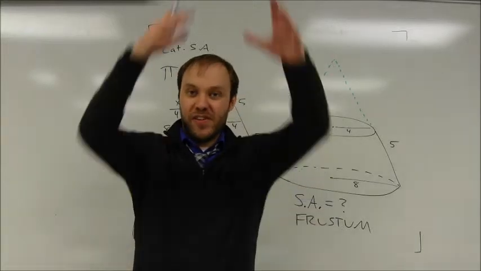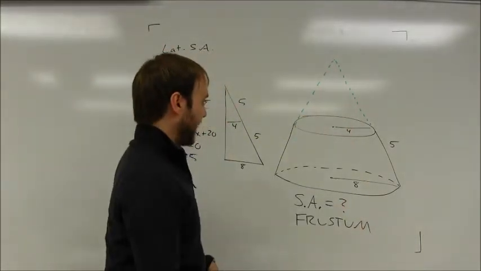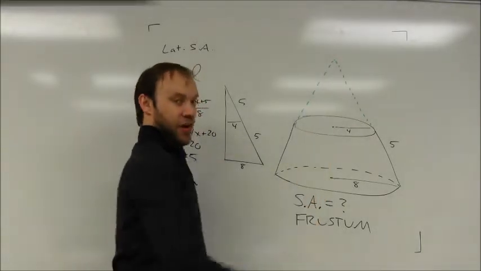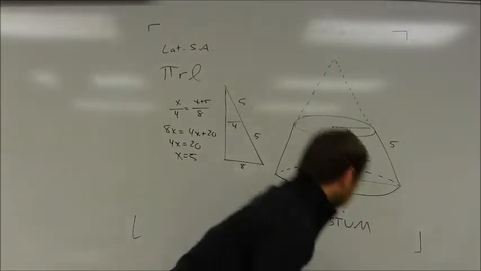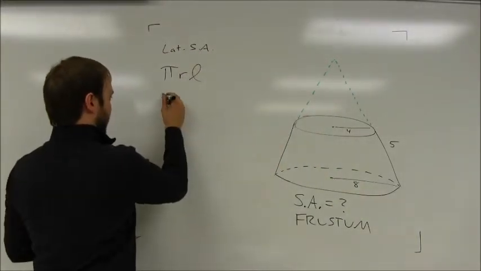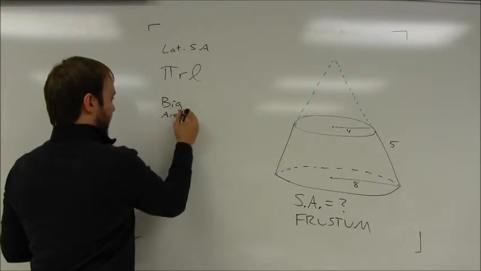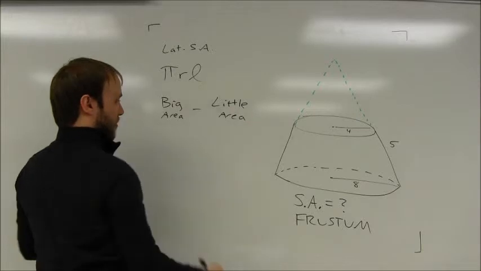What I can actually do is find the surface area of the big cone, and I can subtract the surface area of the little cone on top, and that's going to leave me just with the lower part. So basically I can take the big surface area minus the little area, and that's going to leave me with the frustum.